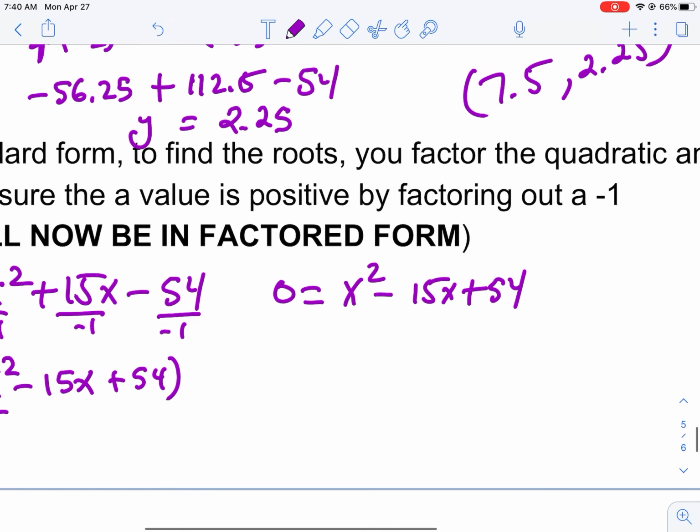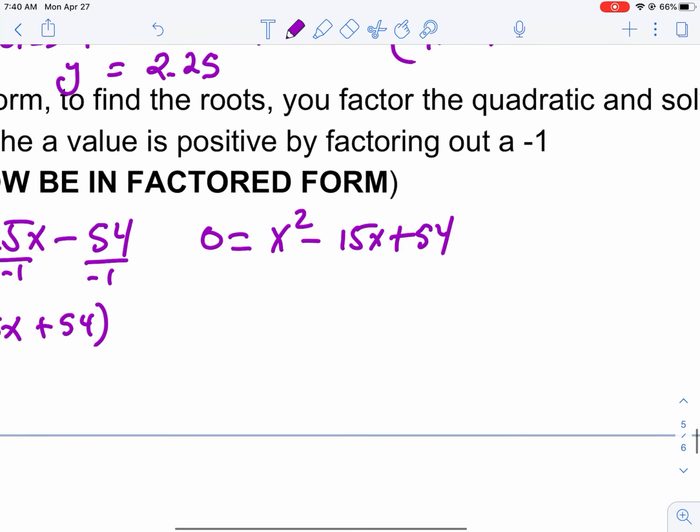Now we factor. I'm going to multiply 1 times 54 and get 54. Knowing your factors is not hard, but working with them takes some time. So I have 1 and 54. These are both even, so 2 goes into there, and that's 27.